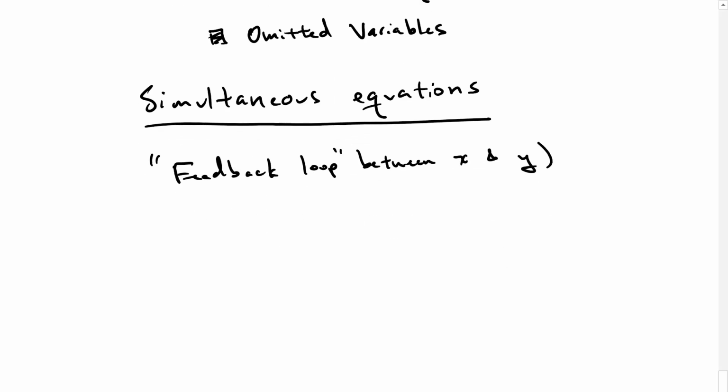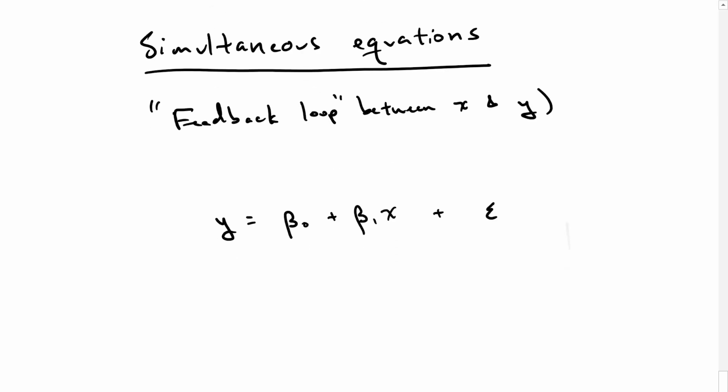So suppose that we have our equation y is equal to beta 0 plus beta 1x plus epsilon.